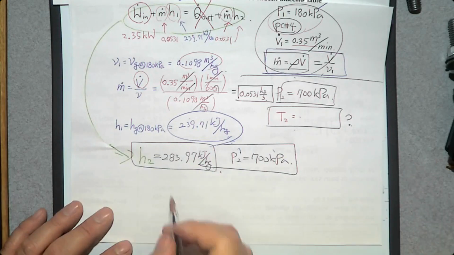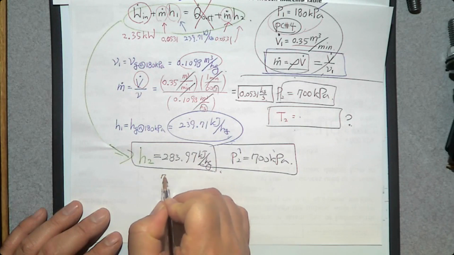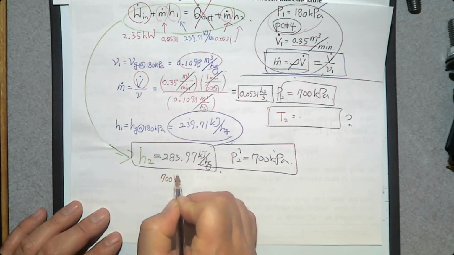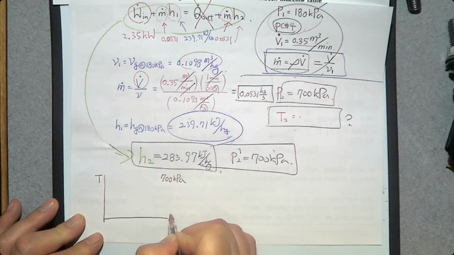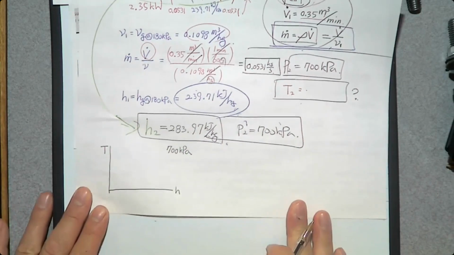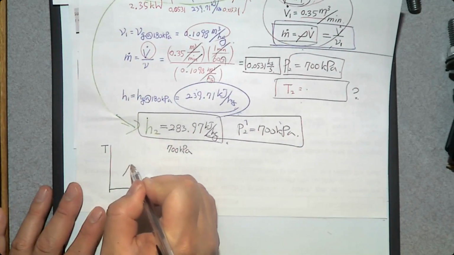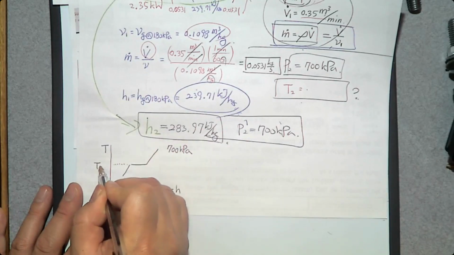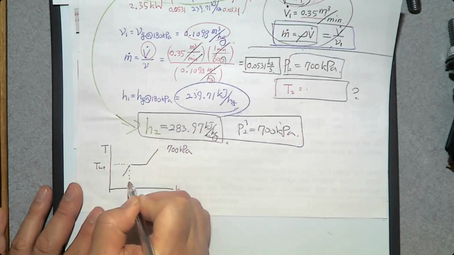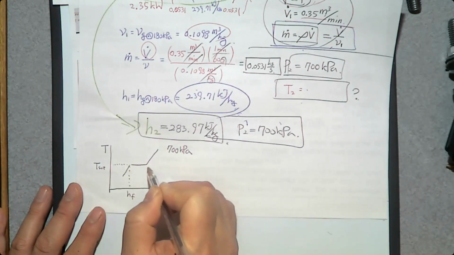So how can you solve it? P is 700 kilopascal. And then we can make a T-H diagram. This T-H diagram looks like this. That's Tsat. That's Hf.